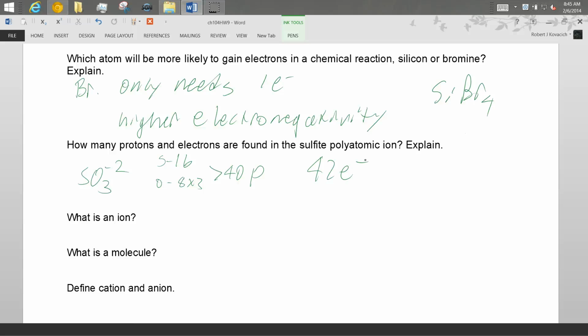Ion, what do we got for an ion? A molecule? I wouldn't use the word molecule because it could be a sodium ion. So I would just say a substance or a particle whose protons and electrons are not equal. And a molecule?